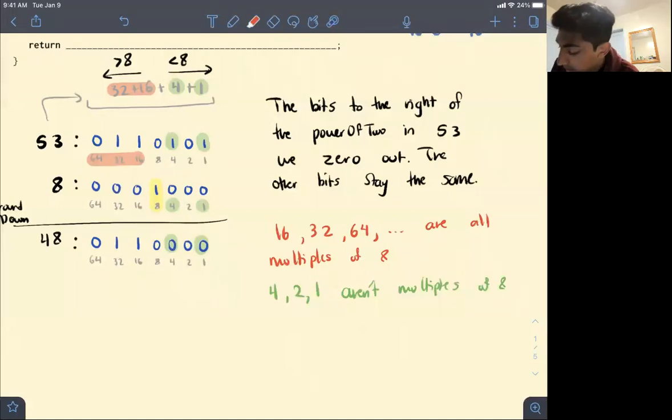So we can maybe include this 8 here, right? But when we're considering the bit spots smaller than 8, like 4, 2, and 1, any number that has a 1 at a 4, 2, or 1 position isn't going to be a multiple of 8, right?